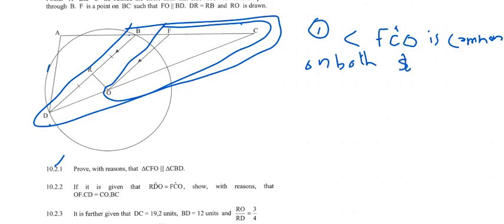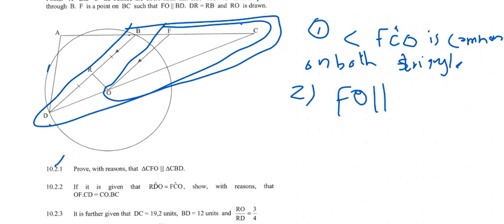FCO is common in both because FCO is the inner side of the other triangle CBD. So the second point is FO parallel to BD, that is given, okay?